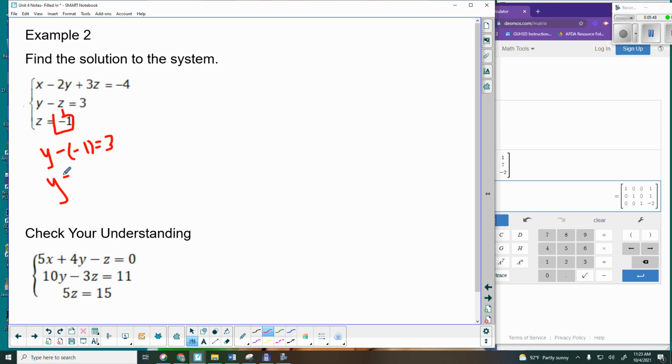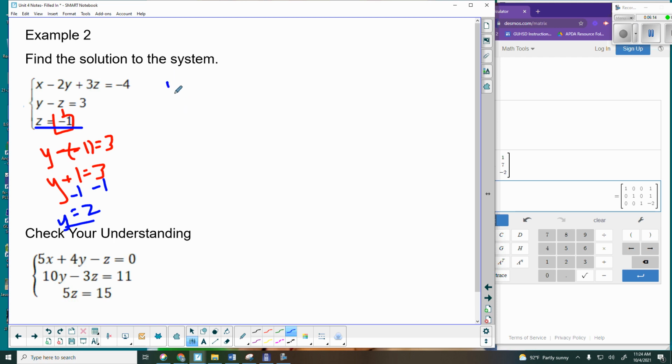Y equals a negative and a negative make a positive, so y plus 1 equals 3. And then we use those Algebra 1 skills and solve for y. Y equals 2. So now we already know z is 1. We know y is 2.